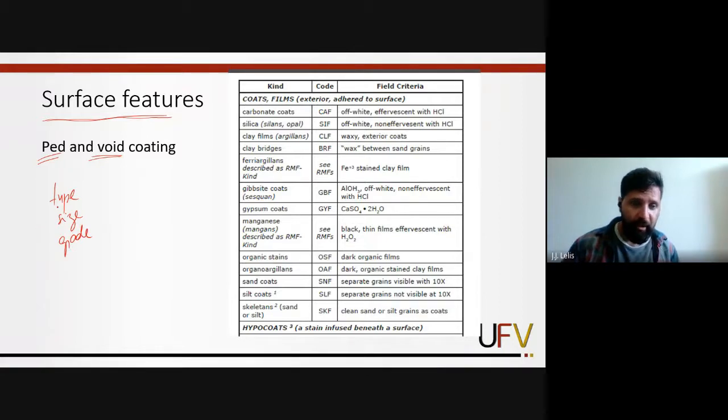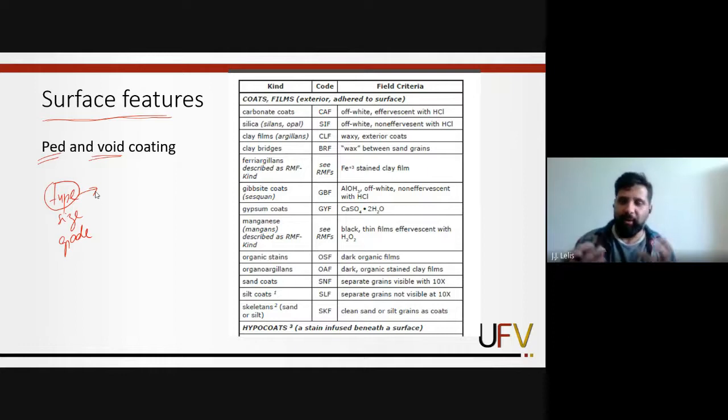Now I can see only the type, and on the surface of this ped, of this aggregate, how is the surface? Does the surface have any kind of coating?